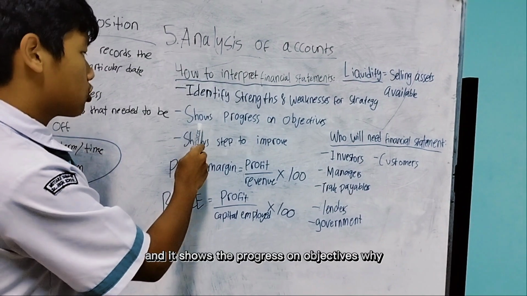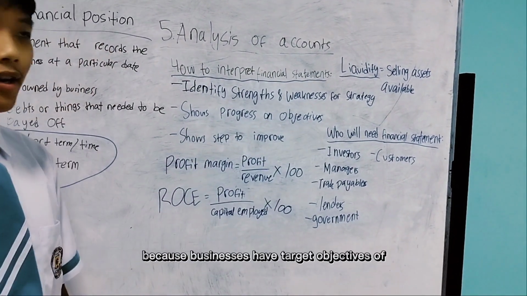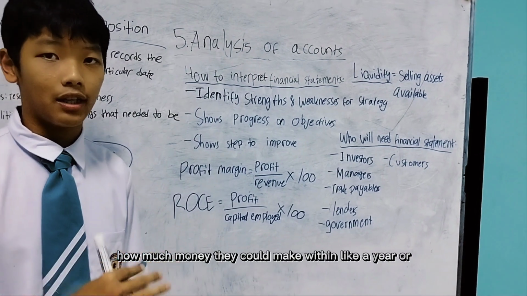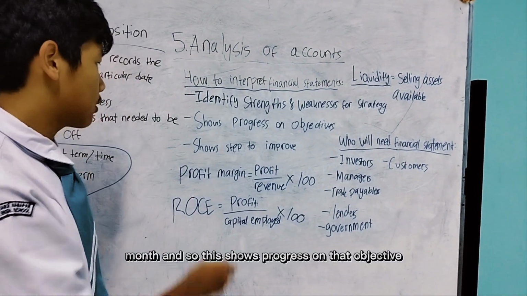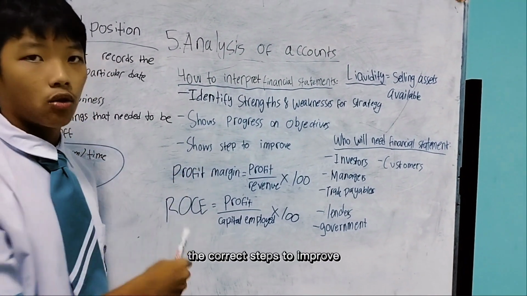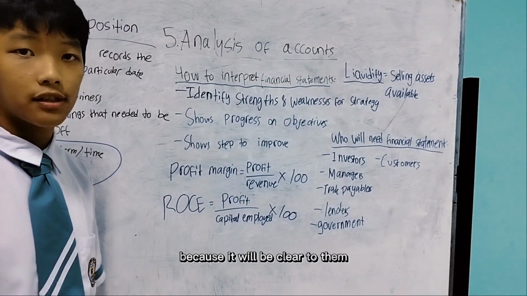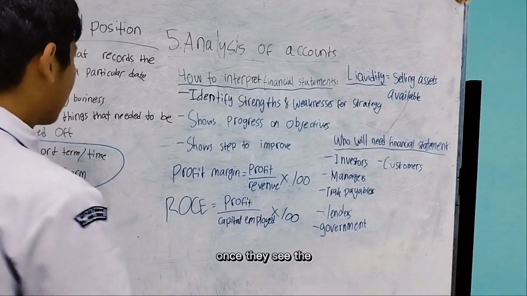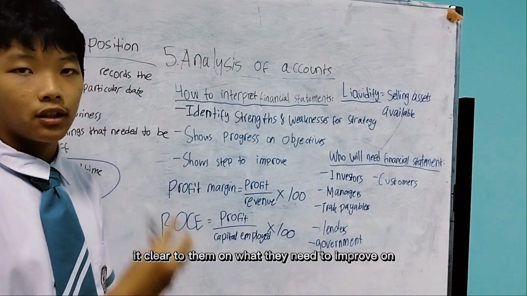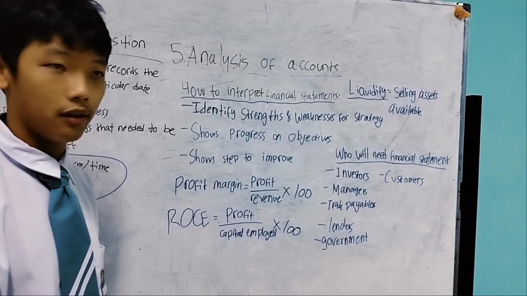It also shows the progress on objectives, because businesses have target objectives of how much money they could make within a year or a month. And it shows them the correct steps to improve, because it will be clear to them once they've seen the statements of the financial position what they need to improve on.